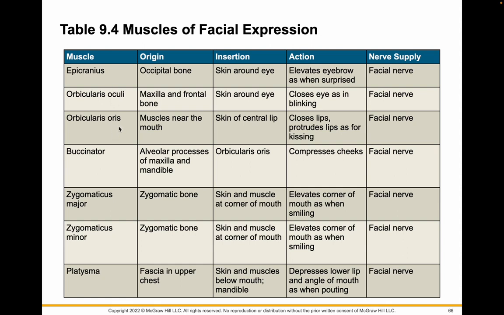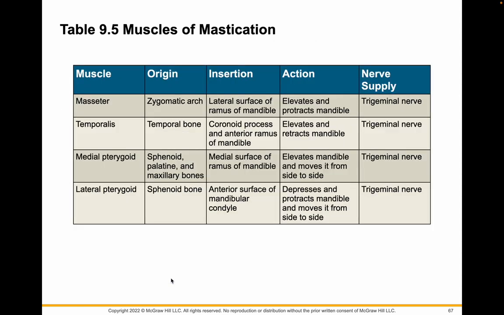We saw those. Buccinator is going to help you compress your cheeks in, so suck them in. Zygomaticus, we don't differentiate between major and minor, but they help you smile. And then the platysma is this curtain of muscle that goes over your neck, and it depresses your lower lip when you're pouting. Also, when you're breathing, taking a deep breath.